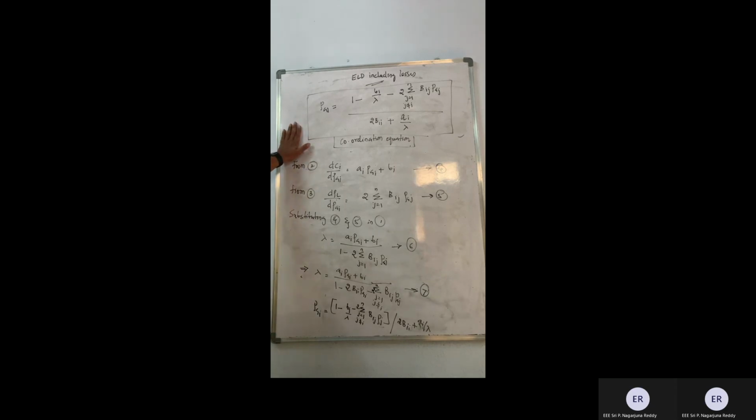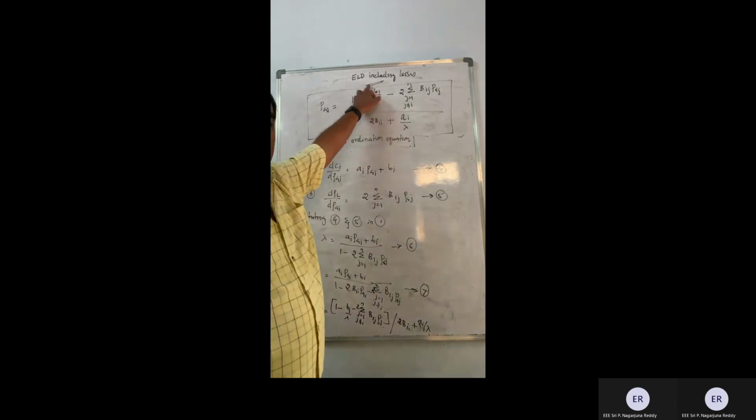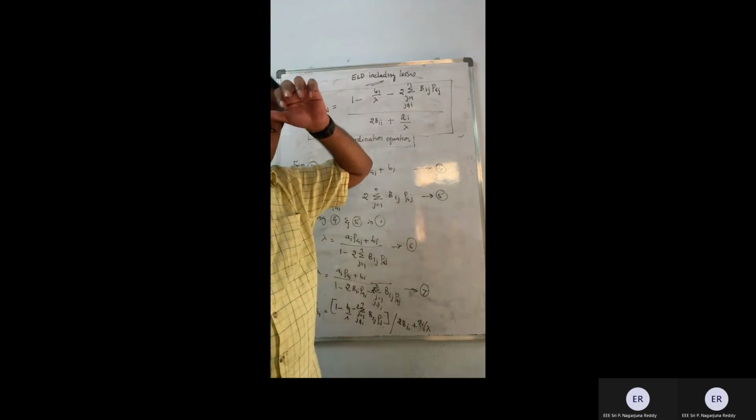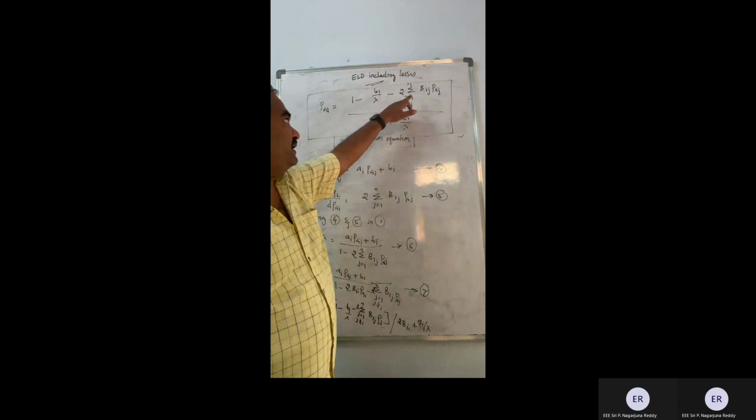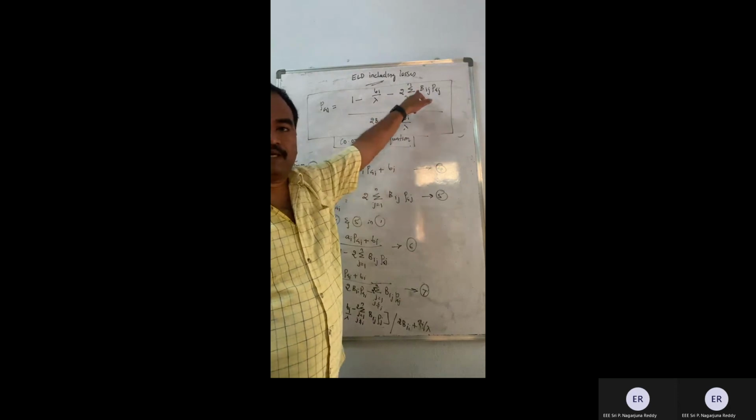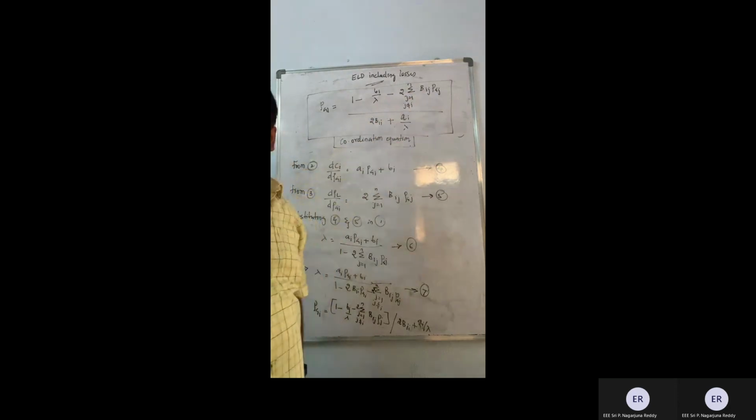Try to remember this, where A and B are terms in the incremental cost equation, lambda is a constant, whereas B represents the transmission loss coefficient. I hope you have understood the derivation of the coordination equation. Thank you.